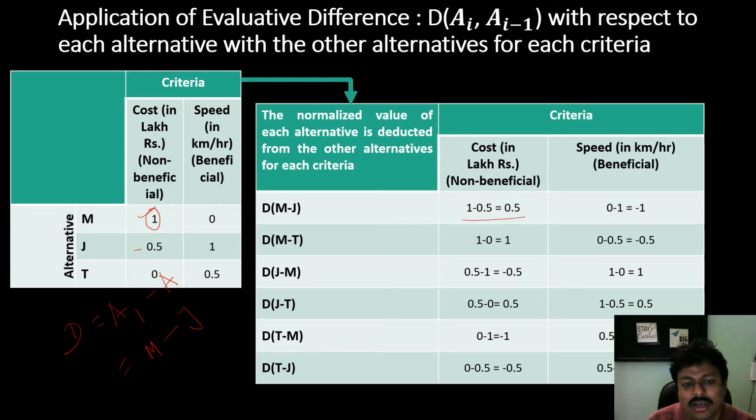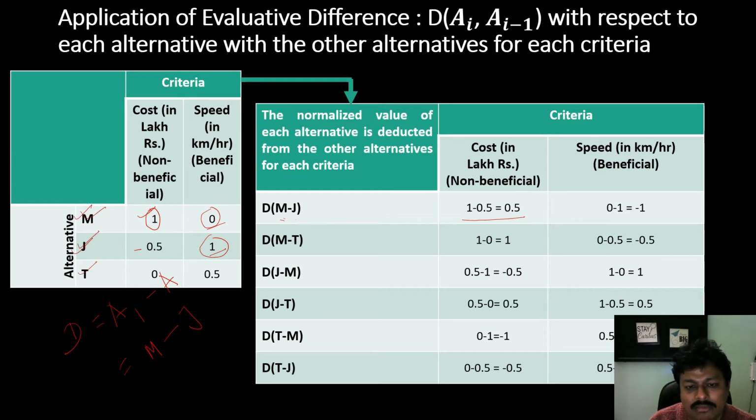Same for the speed criteria. This value of Jaguar is deducted from this value of 0. So 0 minus 1, right? So this is for m minus j. As I have said, always maintain the sequence. M minus j, then m minus t.